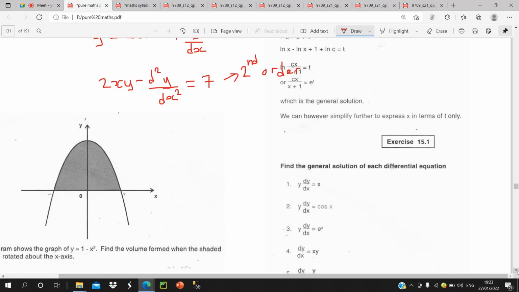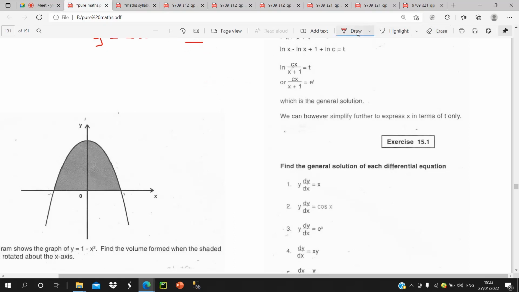Okay. So the first stage we said we have to separate the variables. So the first thing you have to do is cross multiply.